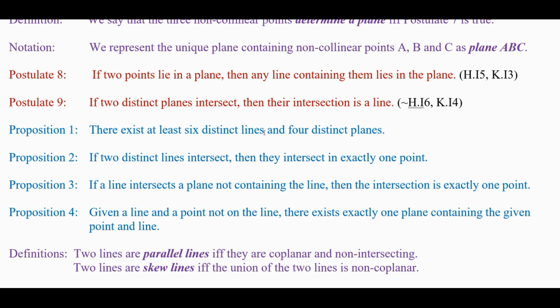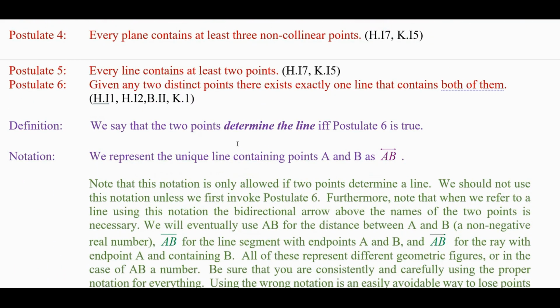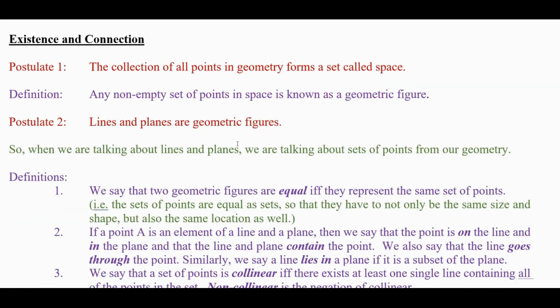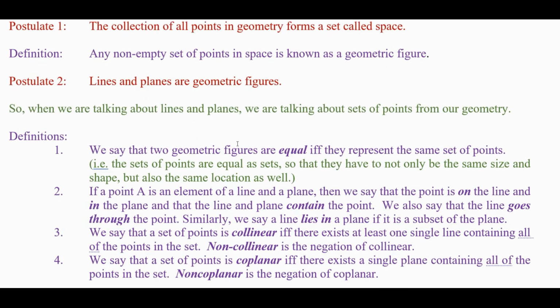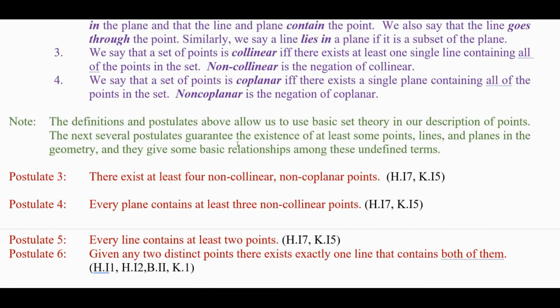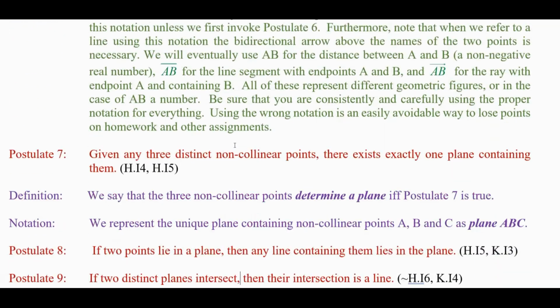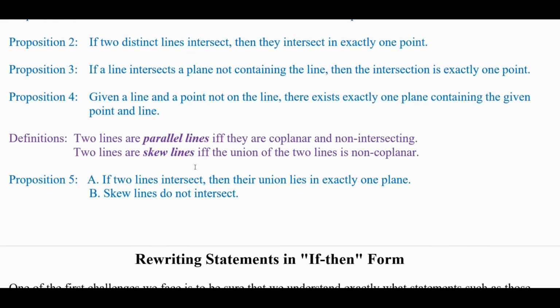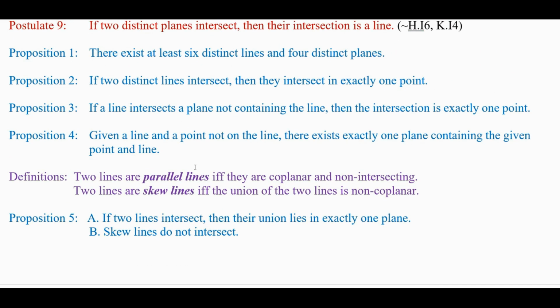This is not a full list of all the postulates, but from these, we're going to work through the first week or maybe even part of the second week, talking about what we can prove just from this. We'll see if we can prove some of these things, and we can look at some different finite geometries that obey these, and then maybe what happens if we change some of these postulates, what would happen to the geometry. We'll look at some of those ideas as we go forward.